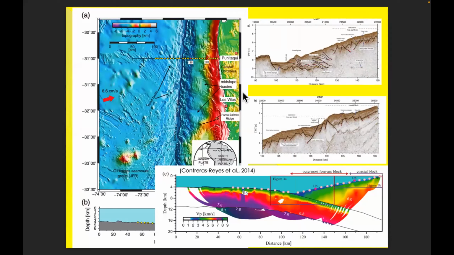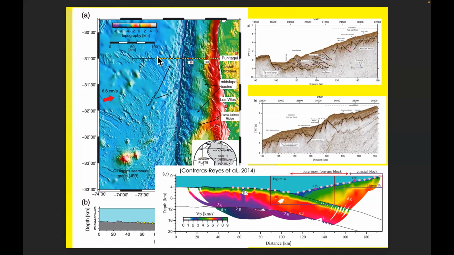This is a wide angle profile acquired by Geomar in 2001, 2002, on board the research vessel Sonne at 31 degrees south, also within the proposed study area. Here we have the oceanic crust subducting, low velocities in the mantle, and a very small snore of the Juan Fernandez. This is the O'Higgins-Simons collision zone.